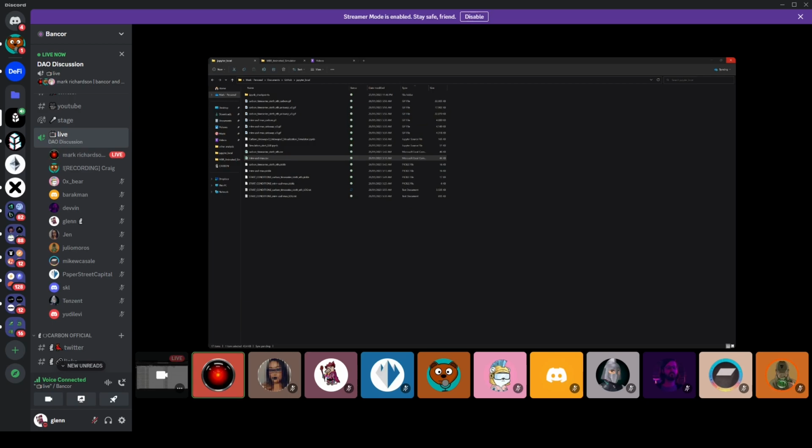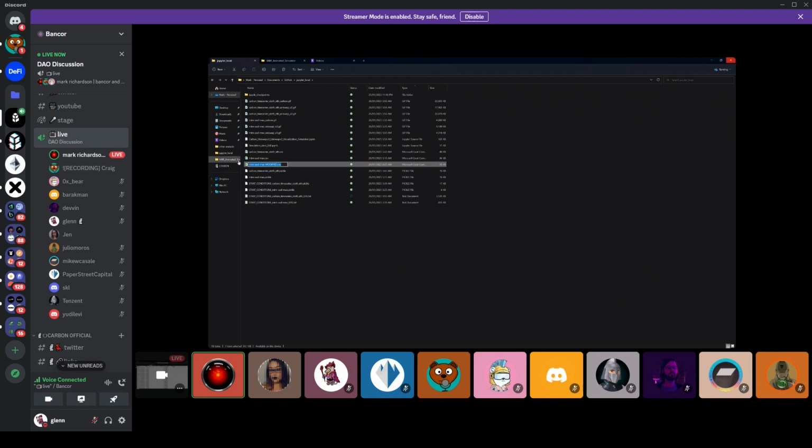Give me 1 second. Yeah, it should be there. Did you save it in your downloads? Oh, there it is. It's a new Windows 11 feature. Things don't show up immediately.